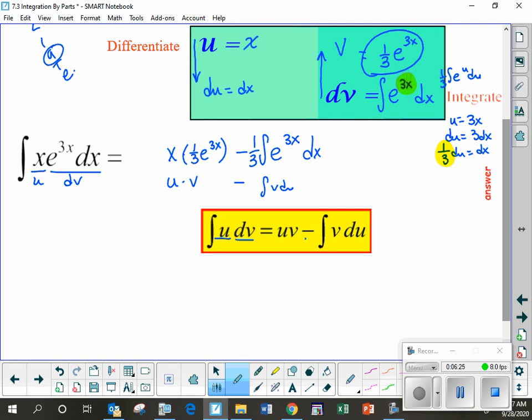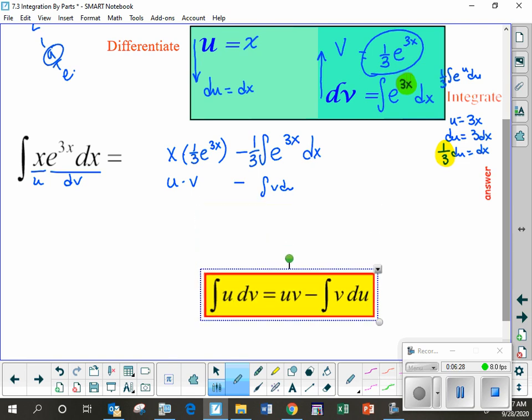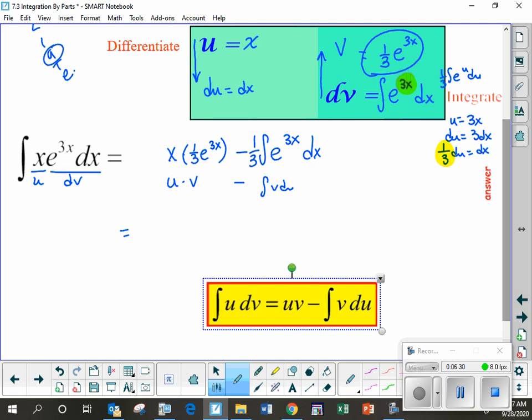So the first part is easy to handle, the u times v. We are making progress, aren't we? We got 1/3 x e to the 3x as part of our integral, or antiderivative. Now I need to integrate e to the 3x again. I've done it once already, so I know what this turns out to be. I have the outer 1/3, and I bring in a new 1/3 e to the 3x plus c.